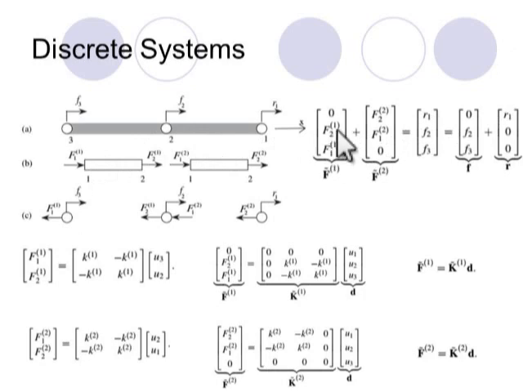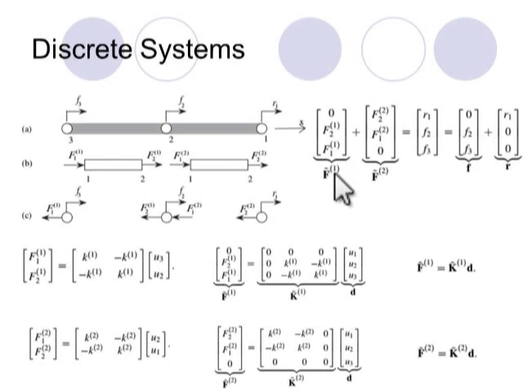Now if I look at the node 1, I have force 1 acting on node 1 and force 2 acting at node 2. Okay, so this vector F bar is the force vector of element 1.